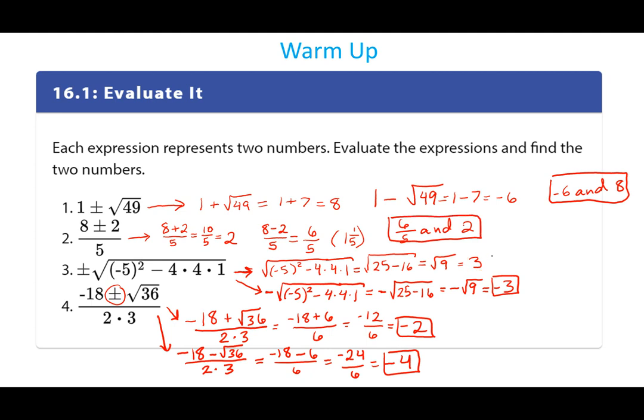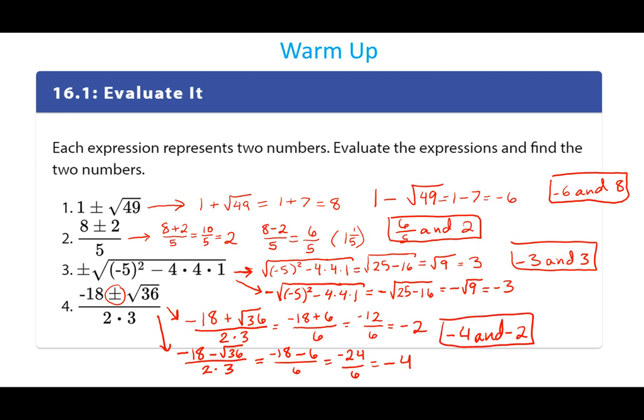For number 3, our answers were negative 3 and positive 3. And for the last one, we have negative 4 and negative 2.